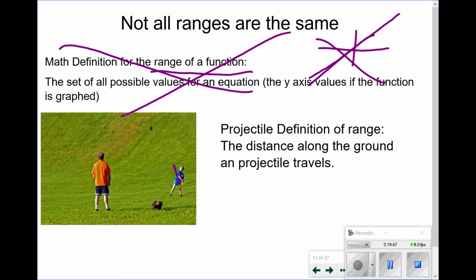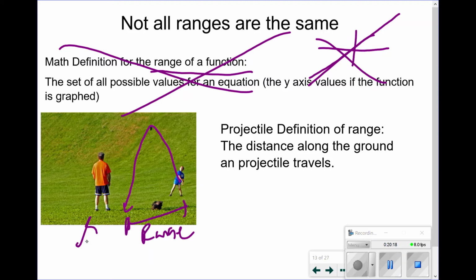Now, if the ball goes up and goes down, lands here, we would say that this person is out of range of the kid's throw. That's because range is the distance the projectile travels along the ground. So if the ball only travels from the kid to this spot, then the range would actually be this.